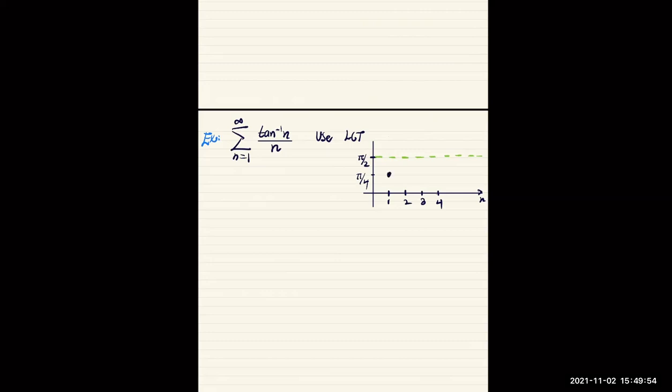This is the first term, and this is what we are graphing, just tangent inverse of n. And then the sequence is just going to get closer to its horizontal asymptote like that. It just keeps going forever, getting closer to that horizontal asymptote.